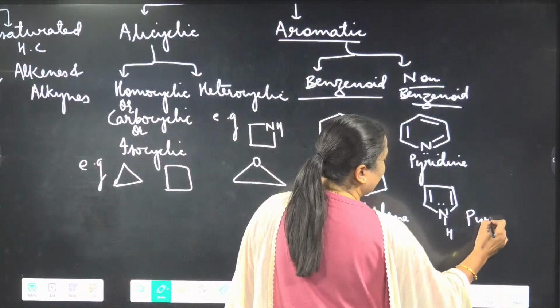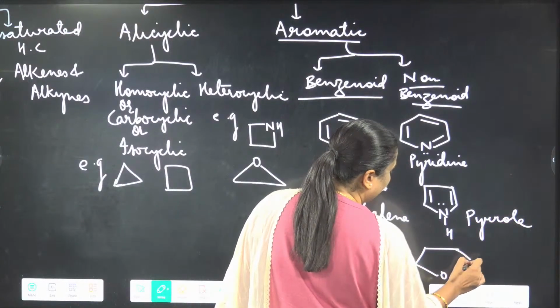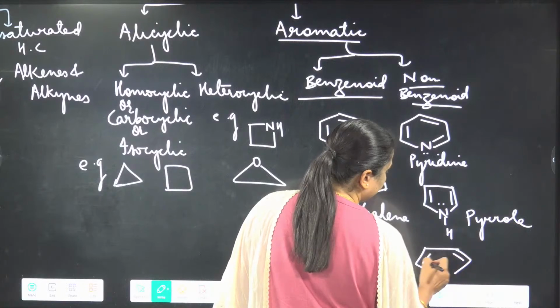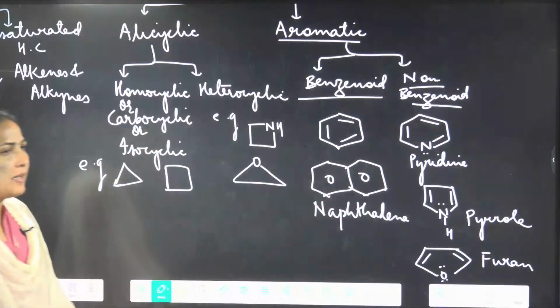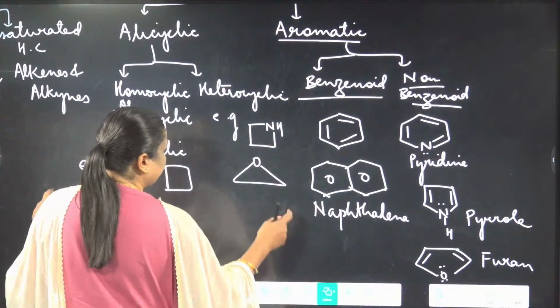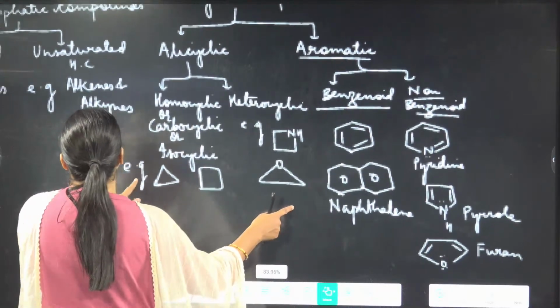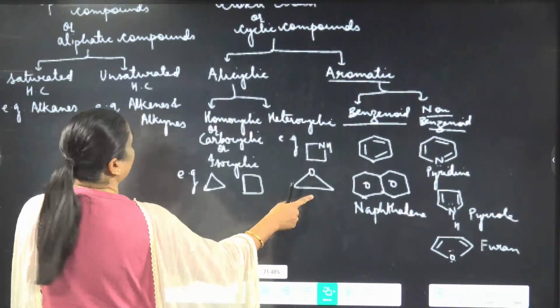These are just a few more examples which we have given. You can also have furan, right? These are a few examples. They are aromatic here. So make sure you are writing them, and I'll try to put them in one frame or one slide if possible.